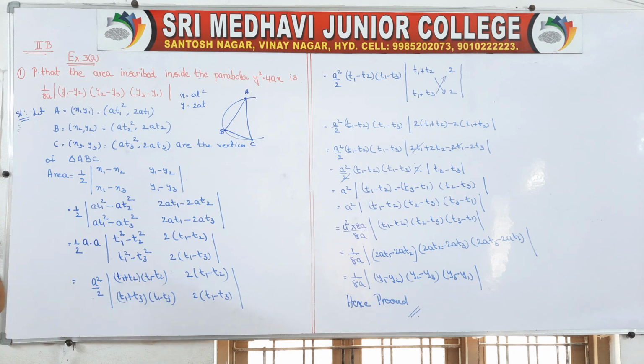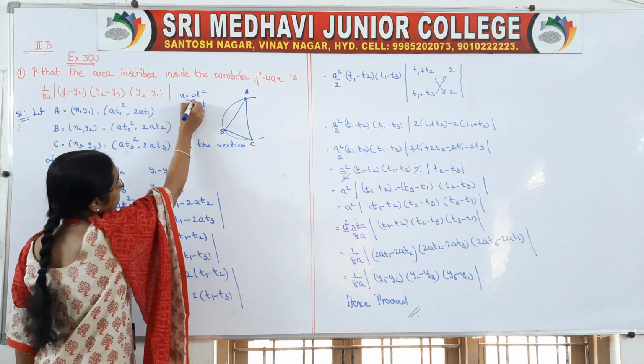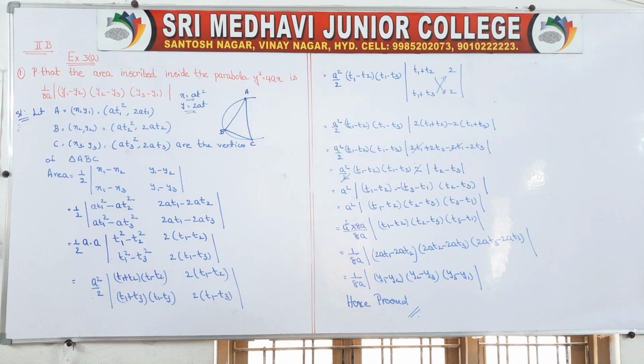Okay. So here you have to remember, I have taken the ABC vertex coordinates in parametric form, not in normal form. So we have taken the parametric form of the parabola: x is equal to at square, y is equal to 2at.